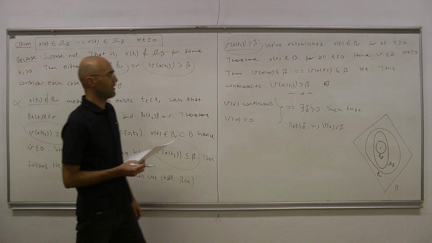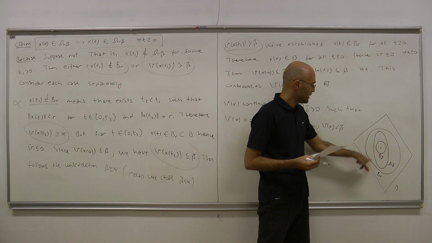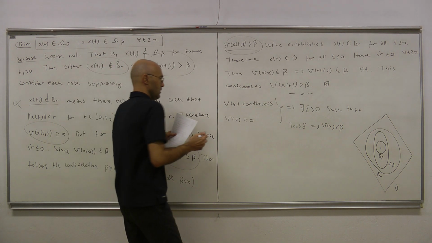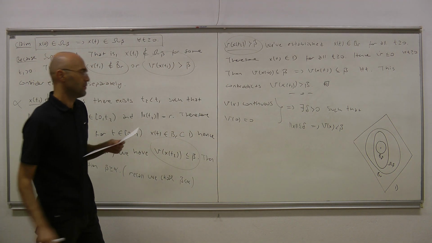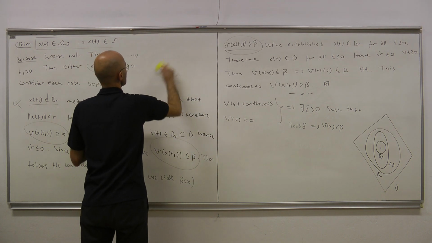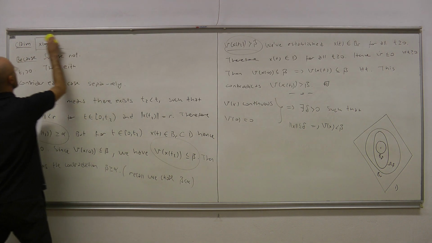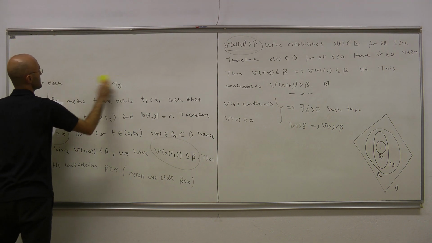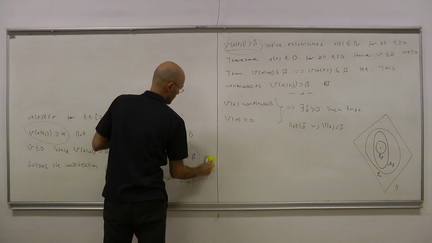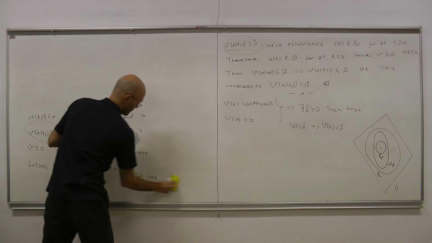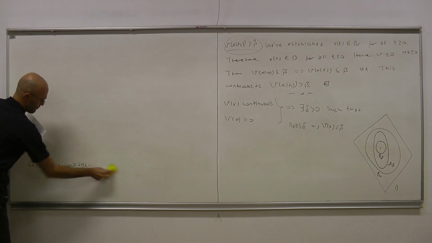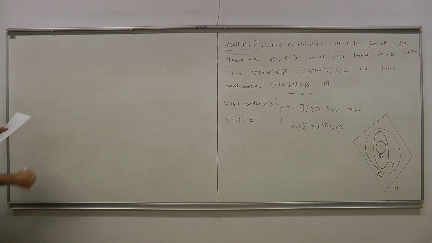If we're in that delta ball, then it means that we're also satisfying V of x less than or equal to beta. Well, that needs to be shown, in fact. Let's show that.